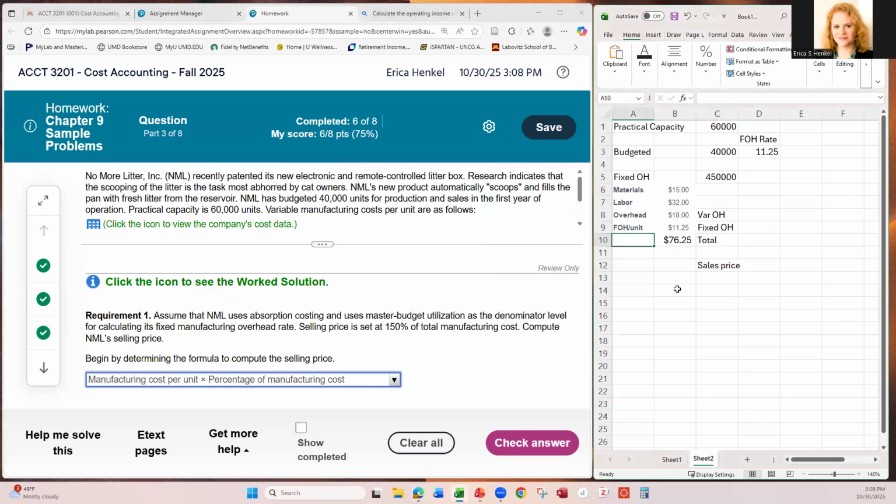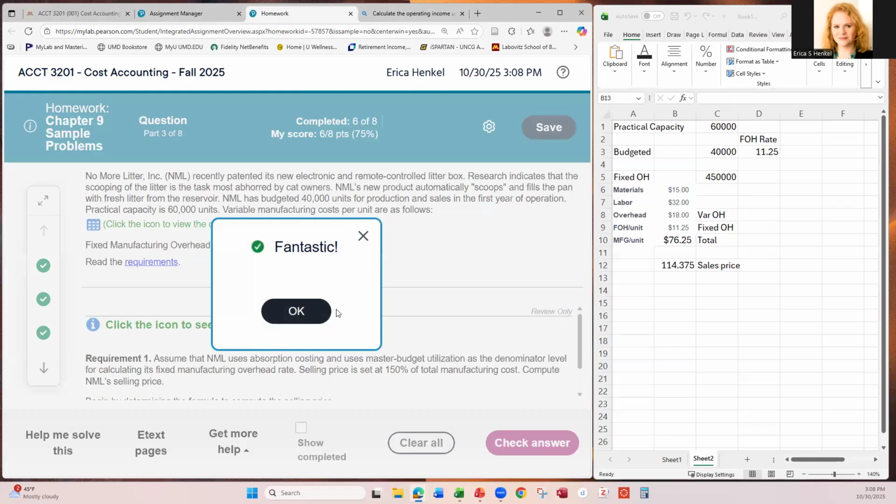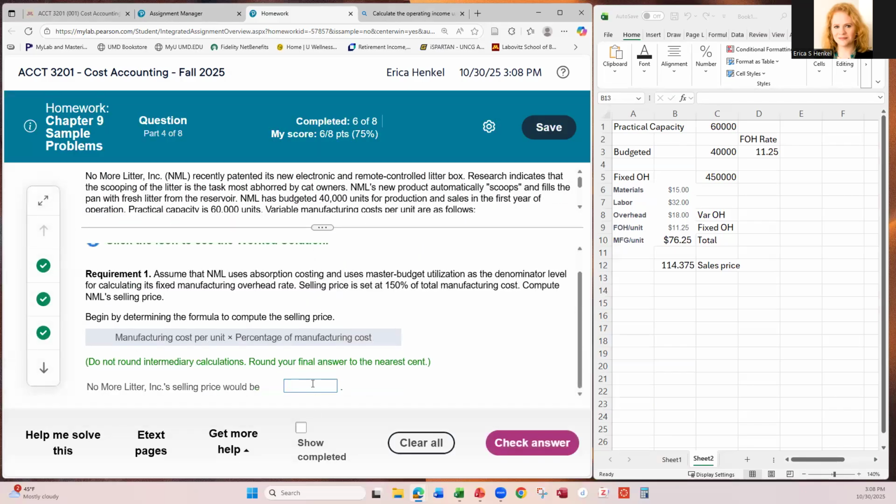So this is our manufacturing per unit here. And so our sales price is going to be 76.25 times 150%, which is equal to 1.5. So that gets us 114, if we round it to the nearest penny, 114.38 for the price.